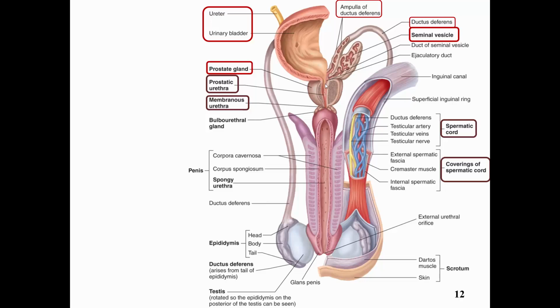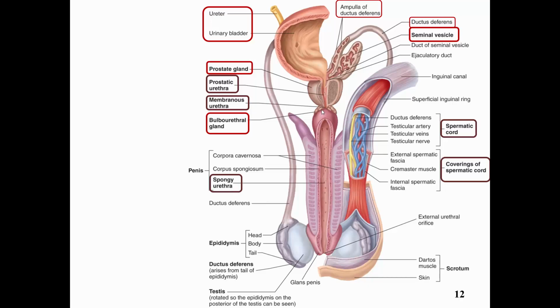It's not mature semen yet until it passes through the prostate gland and the bulbourethral gland. The seminal vesicle, the prostate gland, and the bulbourethral gland all add secretions to sperm cells, and at this point it is now known as fully developed semen that contains sperm cells.